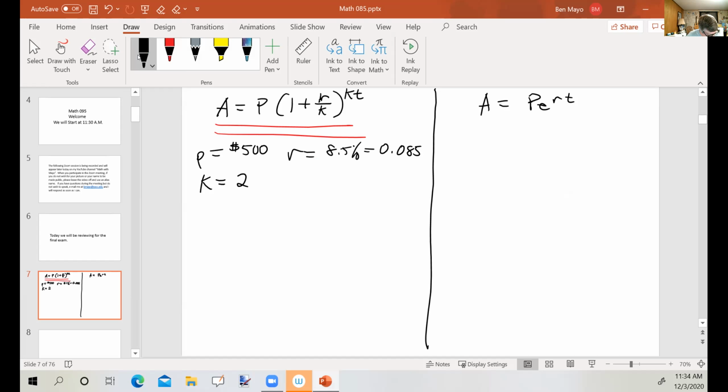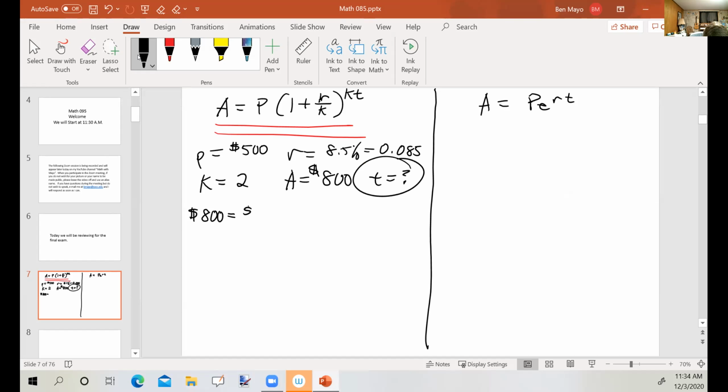How long will it take for the account to increase to $800? So the final amount is $800, and the unknown is the time. Okay? So we're going to plug all that information in, and we're going to get the following.